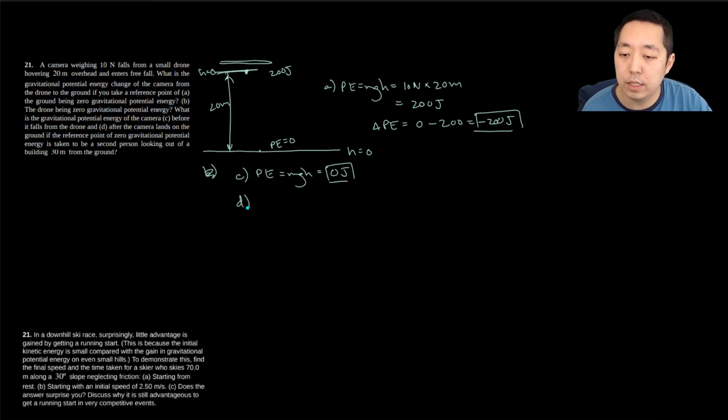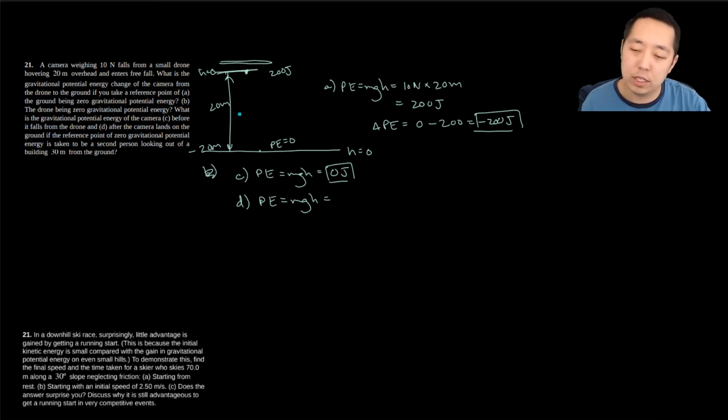Now for D, we're going to say PE is equal to mgh, but we have to be careful on the m, g and h terms. The h is going to go to negative 20 meters, because it's downward, it's below.